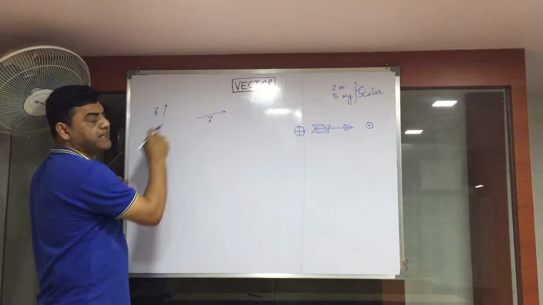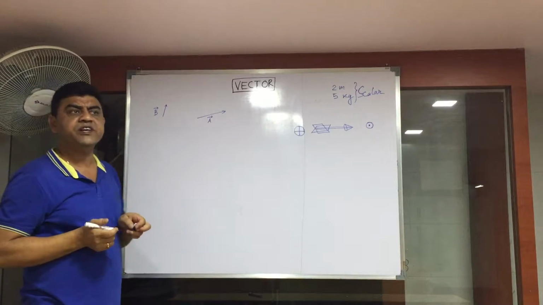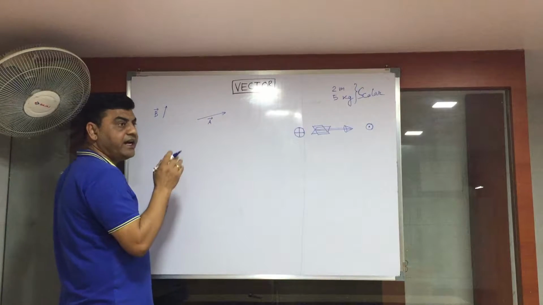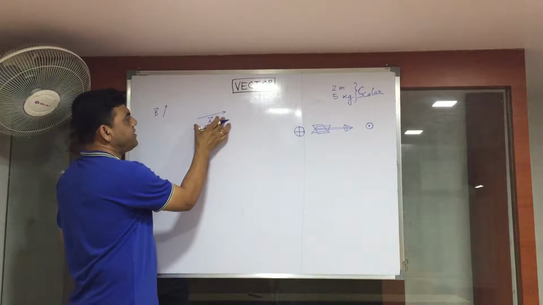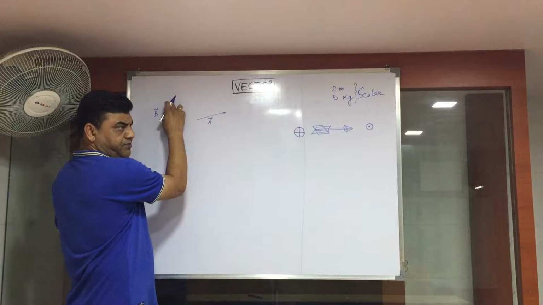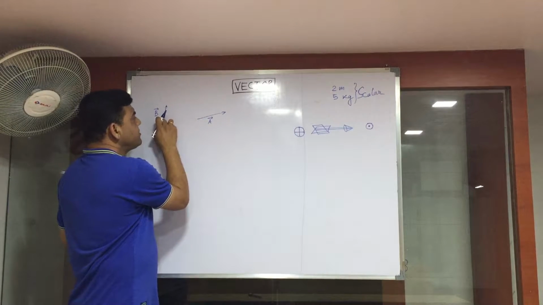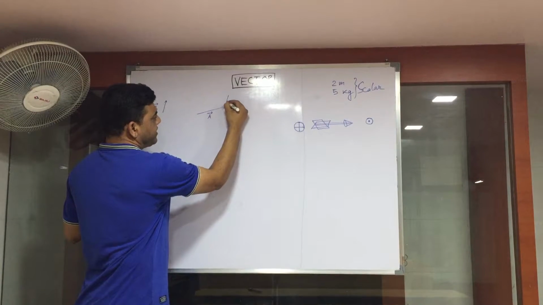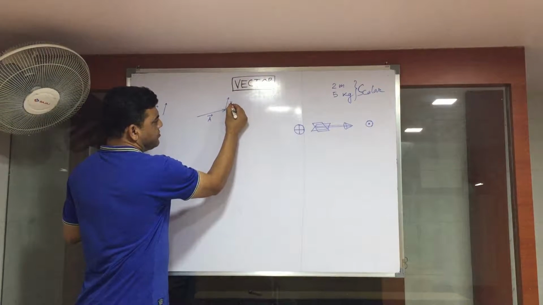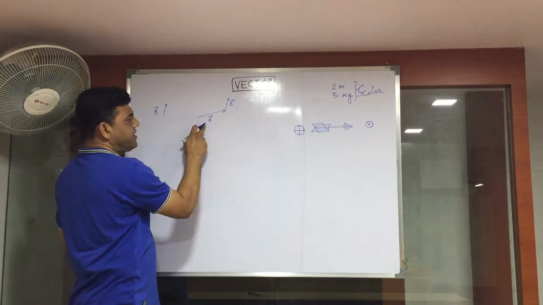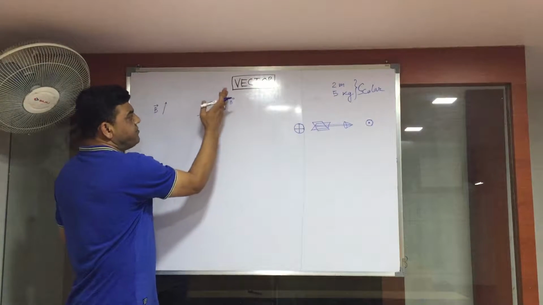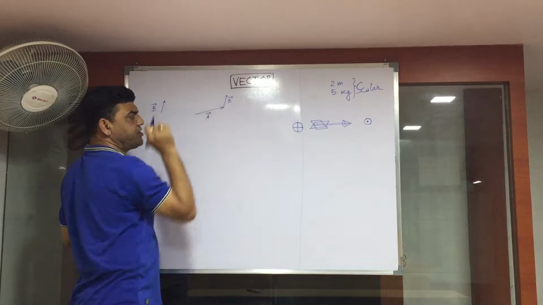If we want to add these two vectors, there are two ways of doing it. One method is called the head-to-tail method. What is that method? I take this vector B, and the tail of vector B is matched with the head of vector A. You are seeing that I have shifted this vector B as it is, maintaining its direction and magnitude.